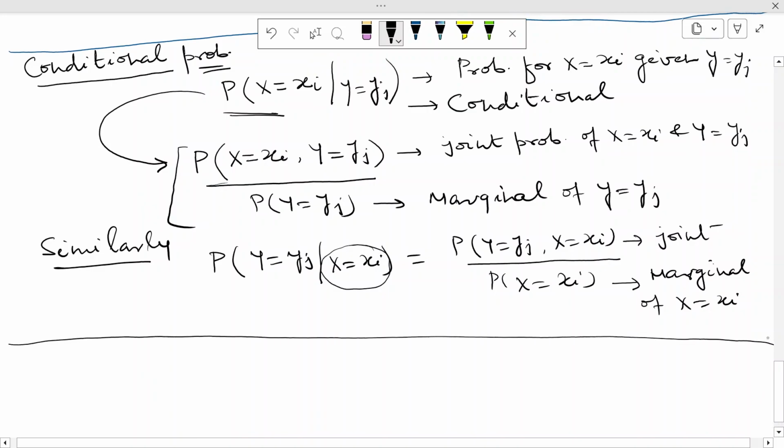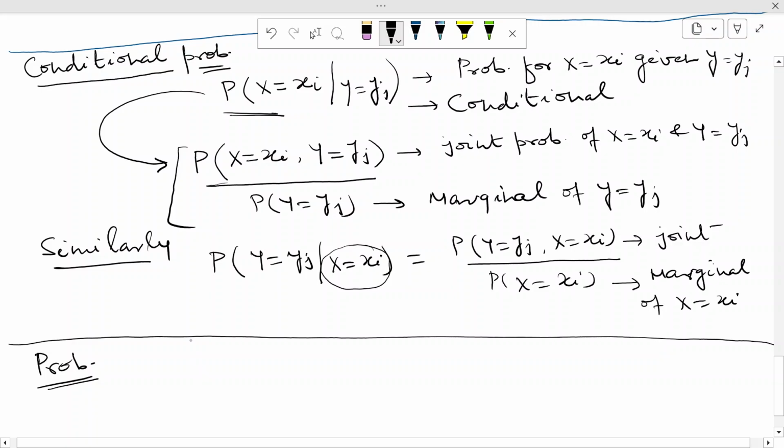So let's say we are having a probability distribution which is given here, and let us consider the problem on this. Means how do we calculate the conditional probability?